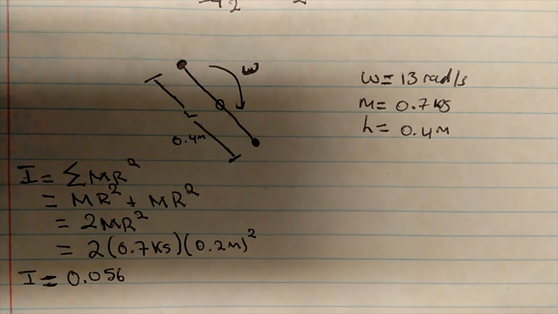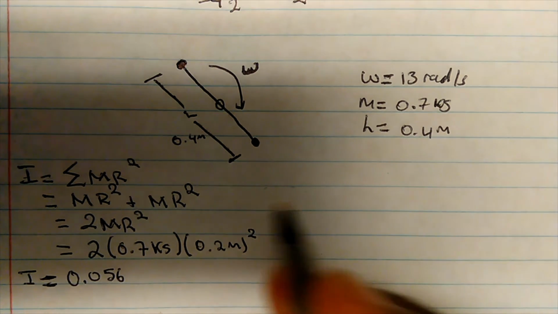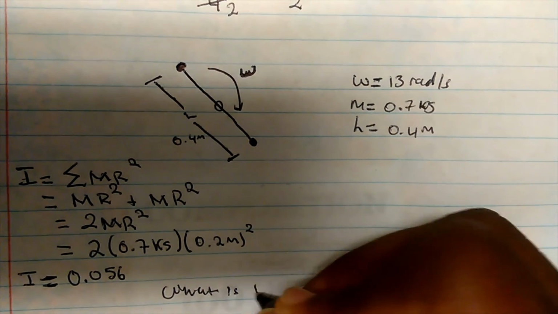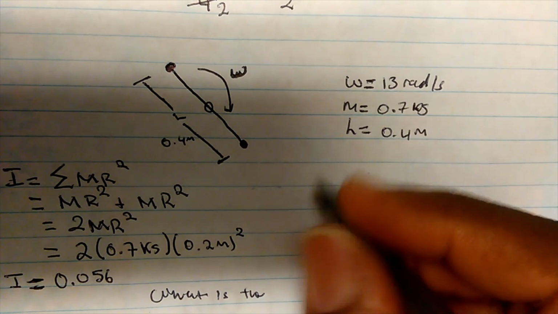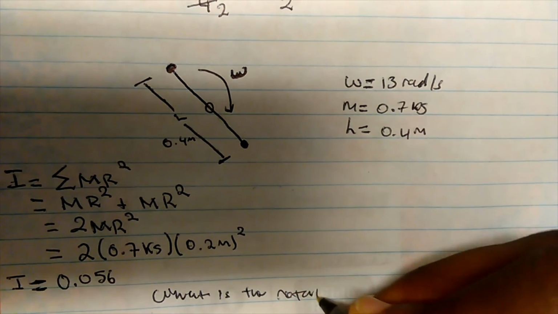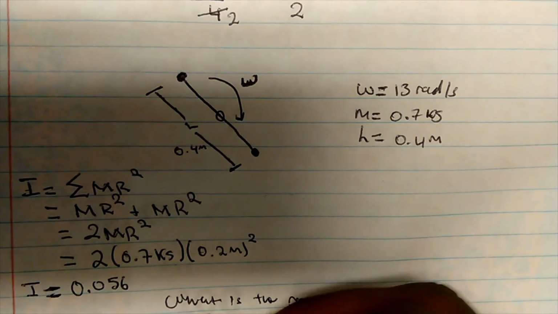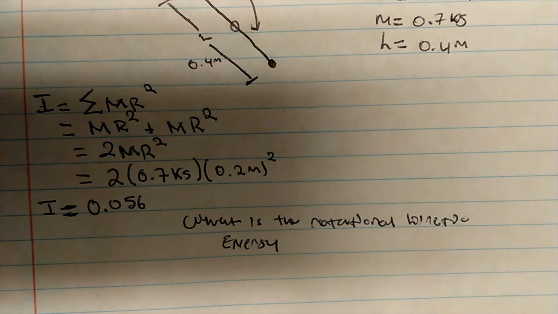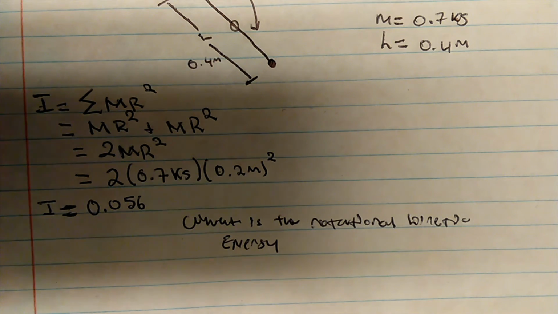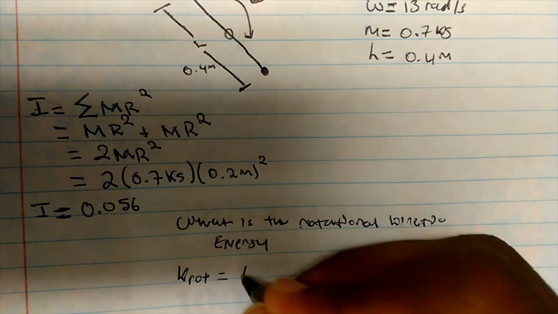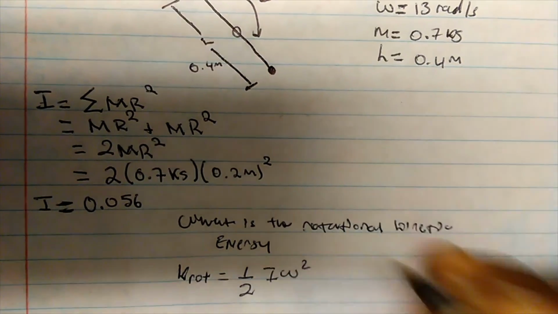And so, if we look at this, then my question to you would be, what is the rotational kinetic energy? Okay. So this is where we're going to plug in our units. We know K rotational has to be equal to 1/2 I omega squared.